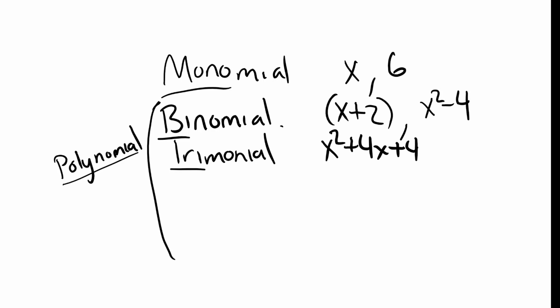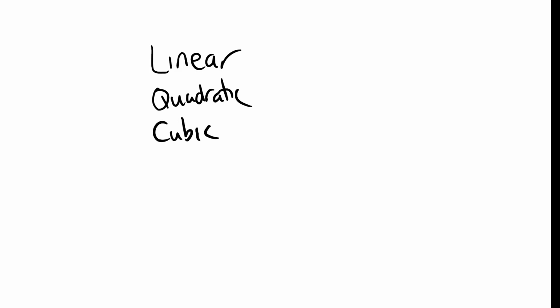Our next set of terms is linear, quadratic, and cubic. This is also a 1, 2, and 3. For linear functions, we always have just a single x. X is not raised to an exponent, so like x plus 4 is linear. For quadratics, we always have the biggest power be a power of 2.